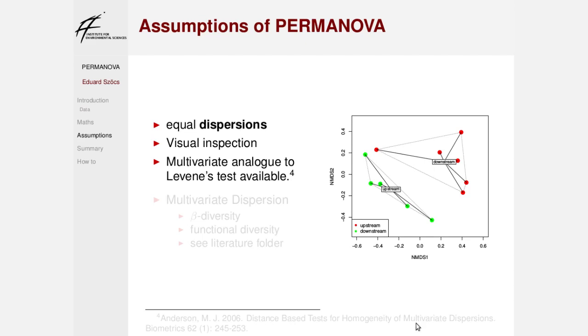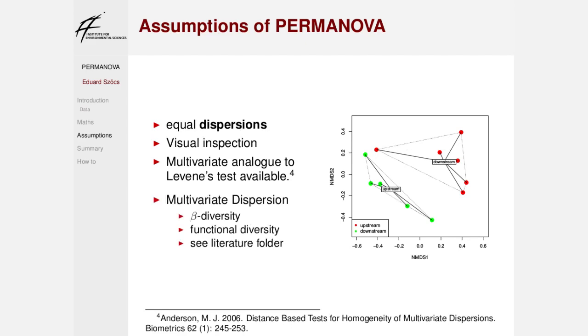We can check this visually. Here we just look at the spread. And we see that the green points have perhaps lower spread than the red points, but the difference is not very prominent. If we are not convinced, we can also make a formal test of that.